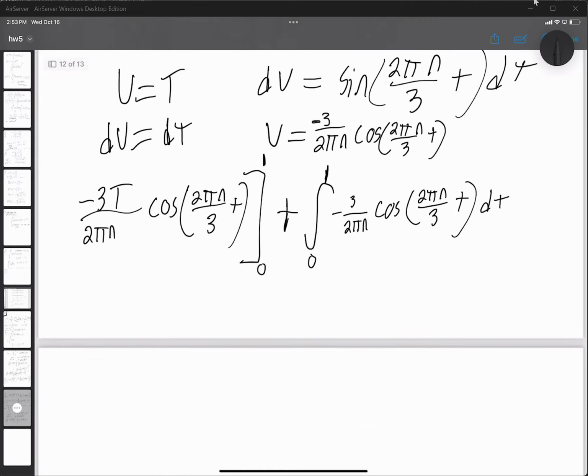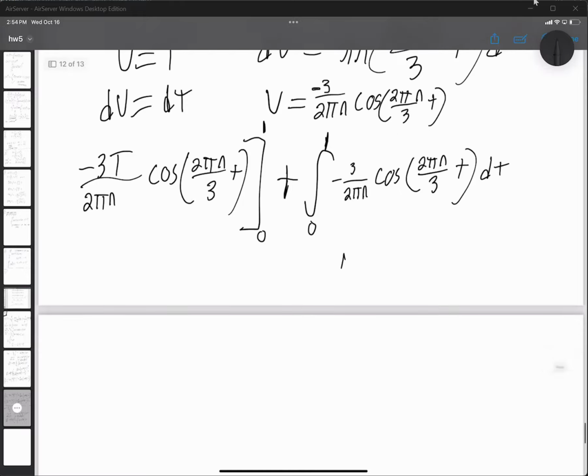Now let's integrate the right side since that's the hard part. It'll flip what's inside that cosine, and the integral of cosine, we're just looking at the cosine, forget the negative. Cosine is just sine. We'll get a sine back. So we'll get negative 9 over 4 pi squared n squared, because we multiplied by another one of those, sine of 2 pi n over 3 t.